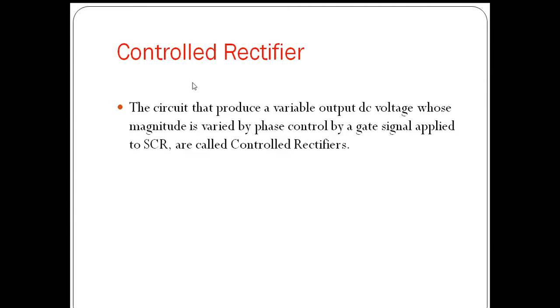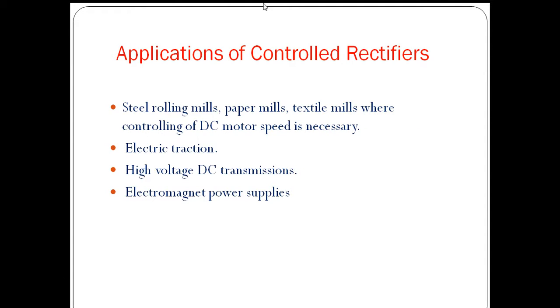Now we are going to see the applications of controlled rectifiers. Whenever we require a DC supply, since the available power generation is in the form of alternating current, we use these controlled rectifiers to convert AC into DC. These are mainly used in steel rolling mills, paper mills and textile mills, where controlling of DC motor speed is necessary.